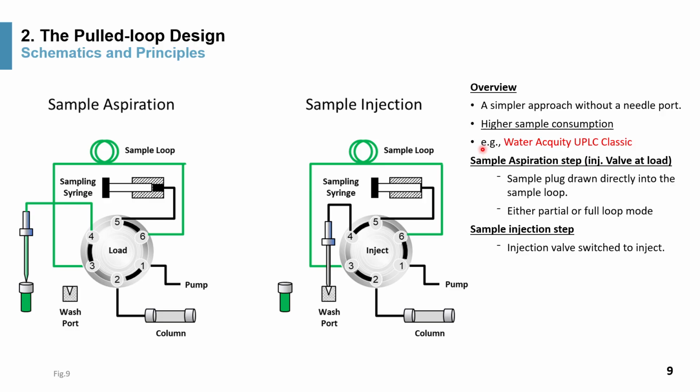In the later Acquity system autosampler, it does use a flow-through needle, described later on. And here is some description in the schematic diagram. One can follow the schematic diagram during the sample aspiration step and also the sample injection step using a rotor injector.